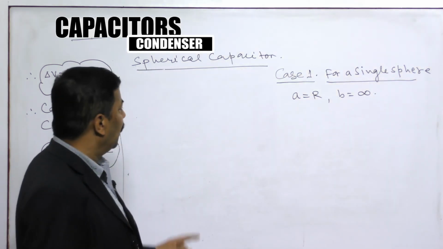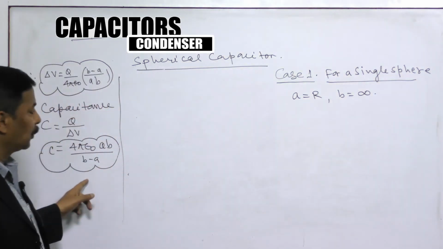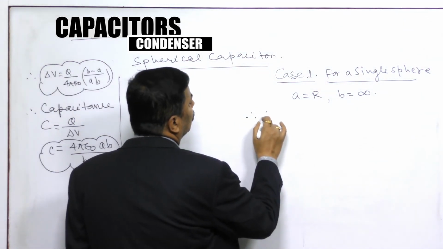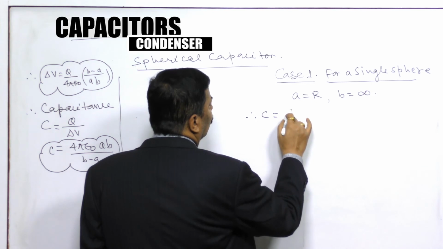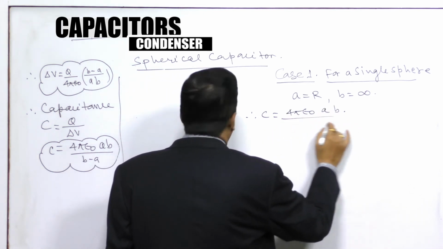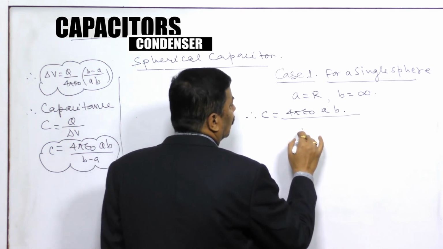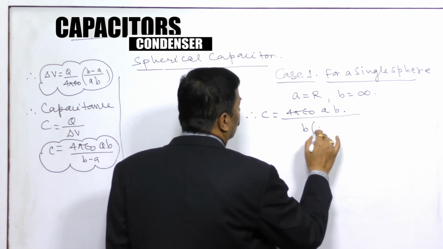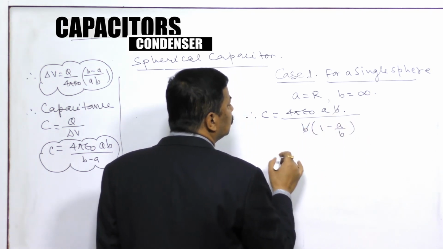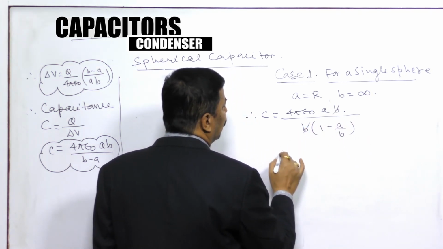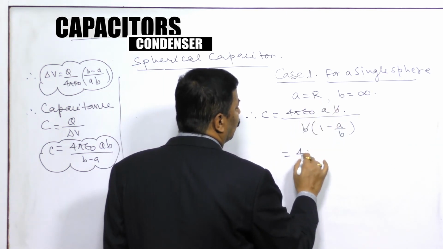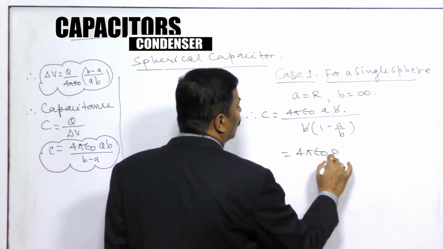We will put the values in this equation and we will get the result. So C is equal to 4 pi epsilon naught AB by B, taking B common, 1 minus A by B. B will cancel. Now put the value of B to be infinity and A equal to R, so that is 4 pi epsilon naught R.